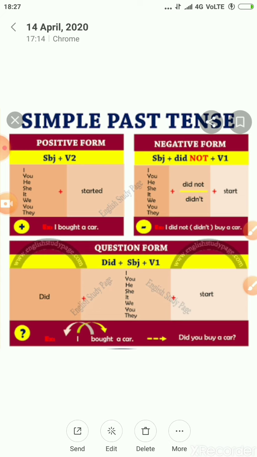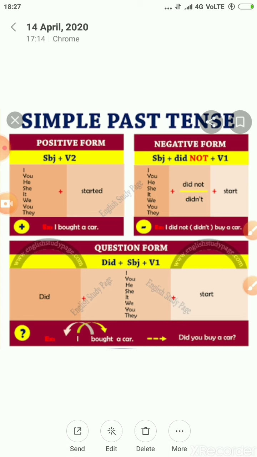Now let's see subject plus V2 plus object, like: I loved this country. You can take another example. You played cricket. She ate a mango.